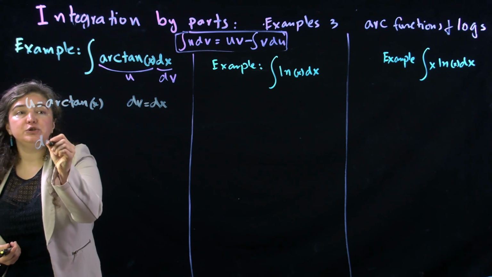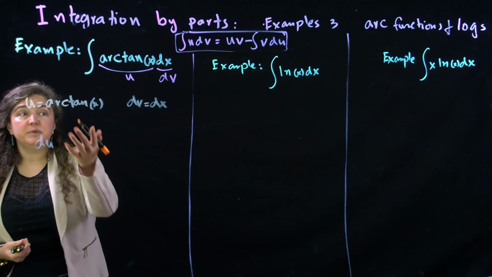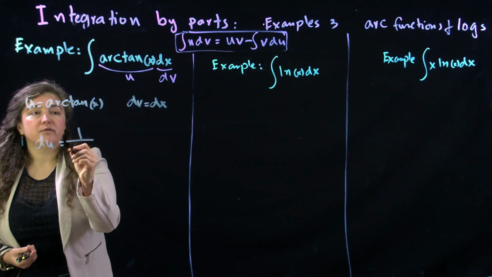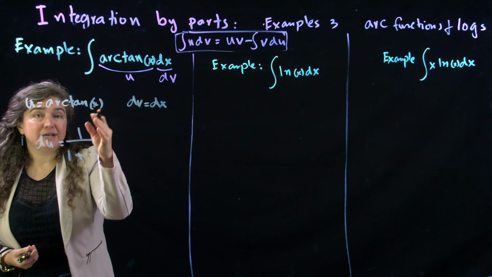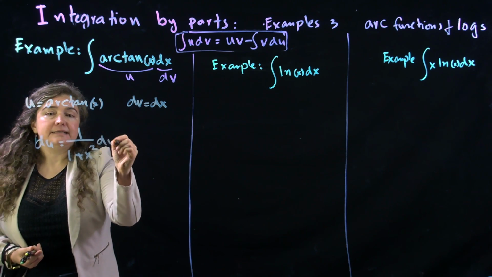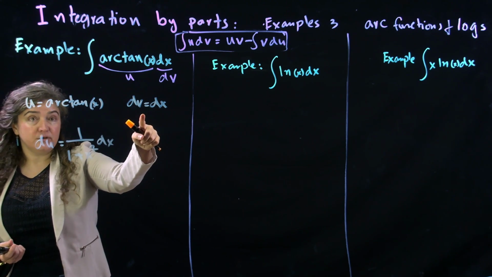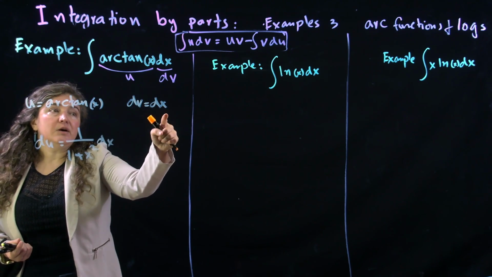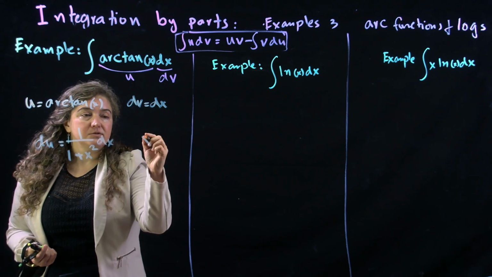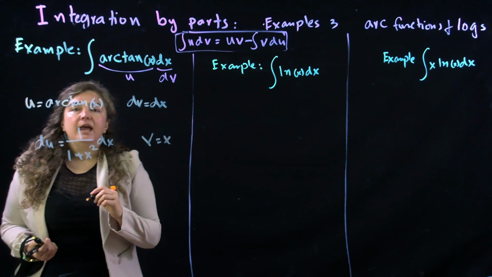Then find du. I know the derivative of arctan of x is 1 over 1 plus x squared, dx, and the antiderivative of dx is just x. So v is going to be x.